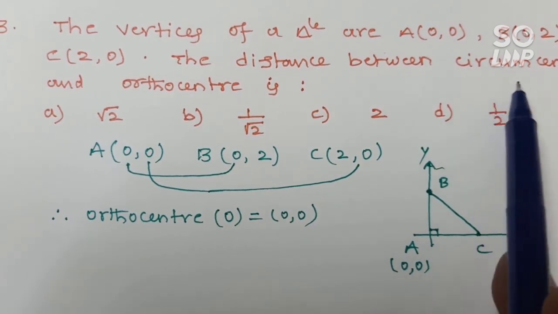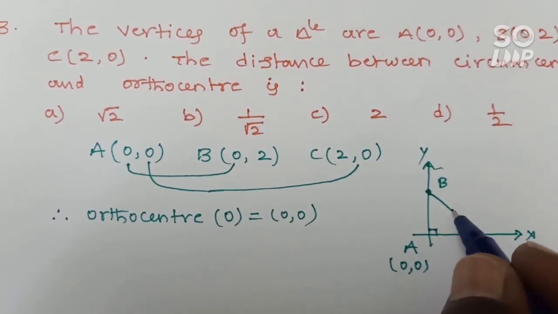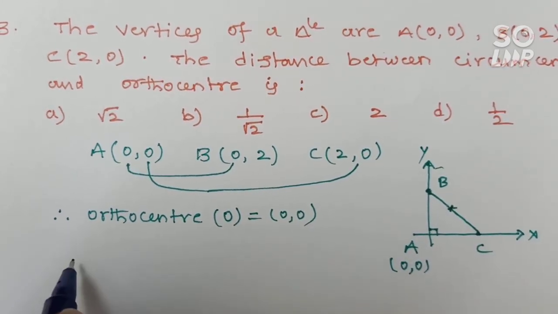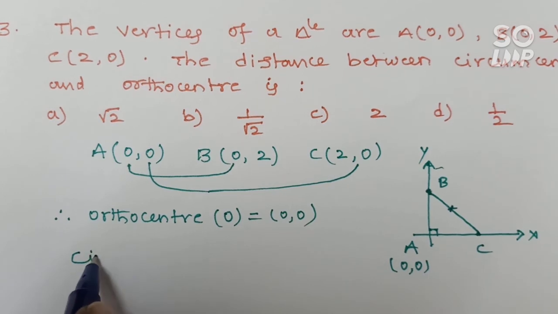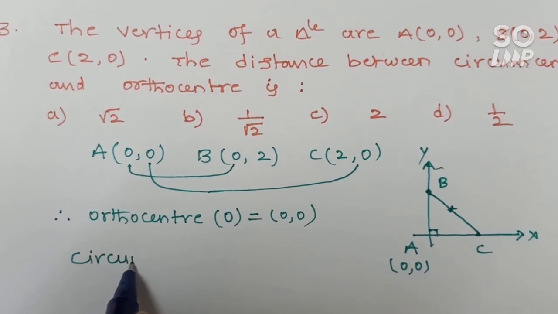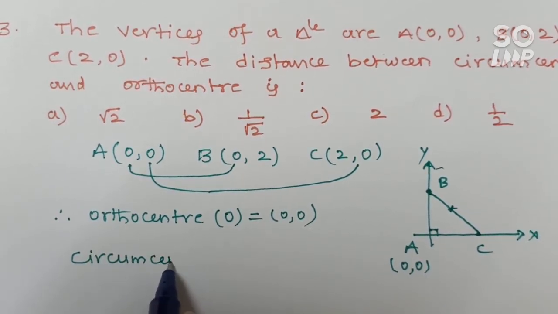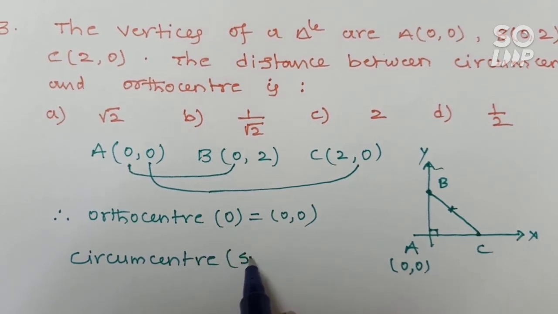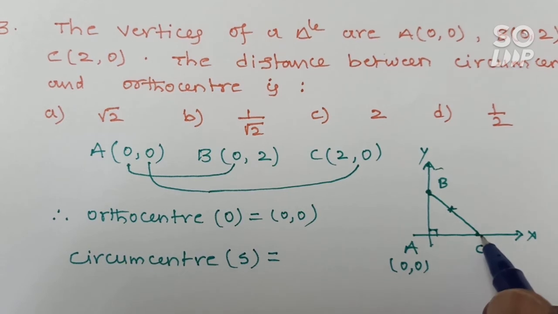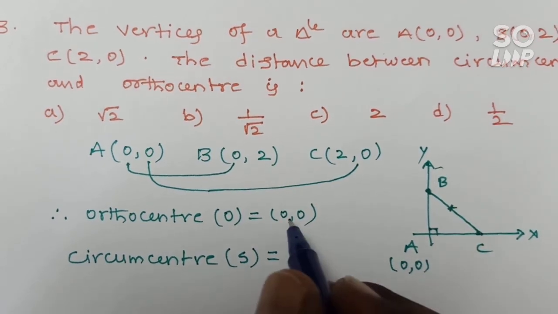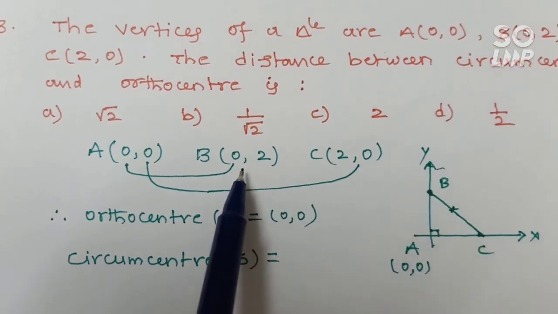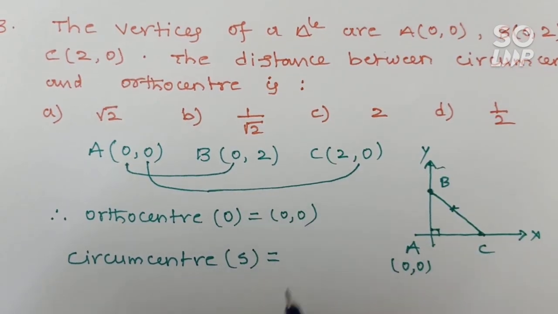Now what is the circumcenter? The circumcenter is the midpoint of the hypotenuse. So the circumcenter, written in brackets as S, is the midpoint of BC. Midpoint of BC means B coordinate is (0, 2) and C coordinate is (2, 0).